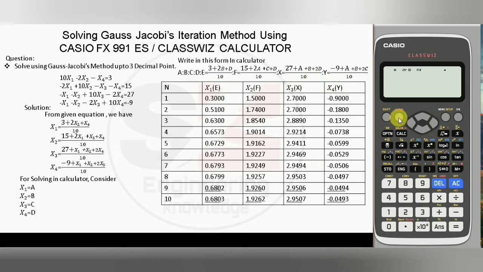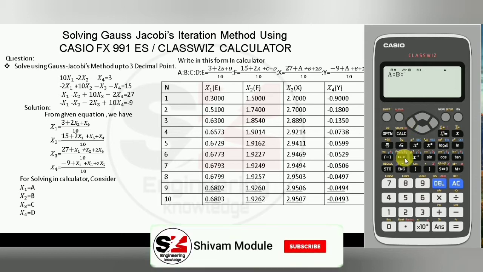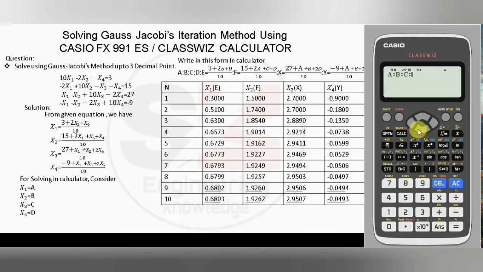At first we have to press alpha, then A, then E, then this symbol, which mainly represents separating the equation.